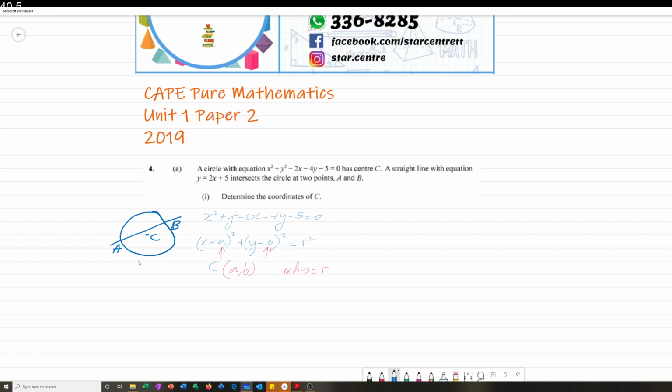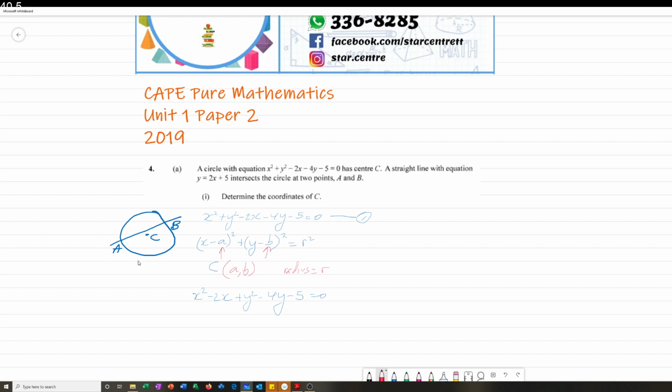So let me first rewrite this expression. We could call this equation 1. I am going to group all the x's and all the y's together. So x squared minus 2x plus y squared minus 4y minus 5 is equal to 0.